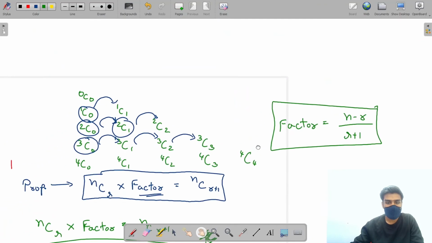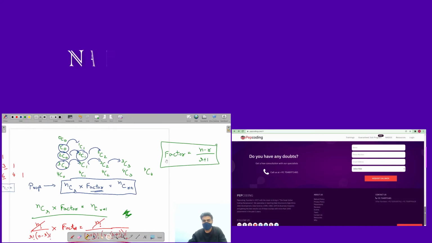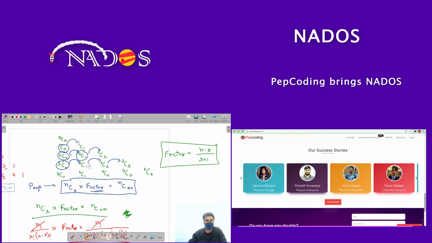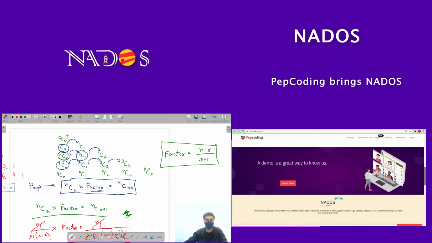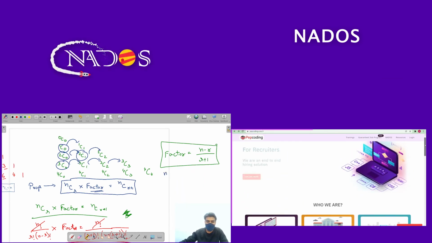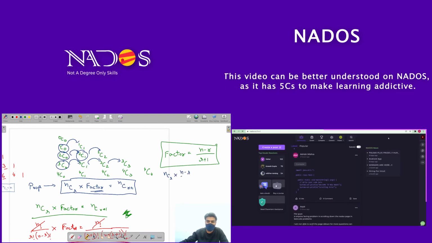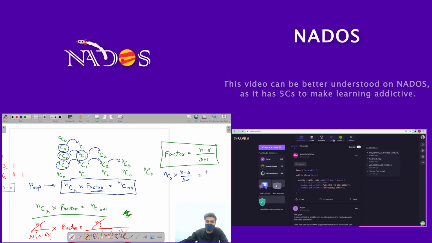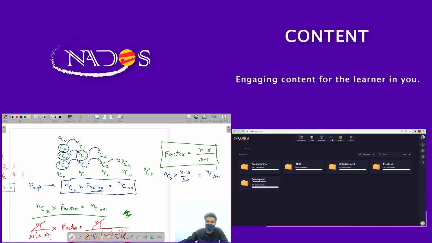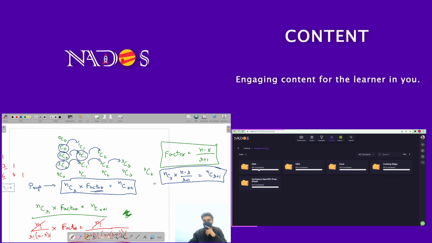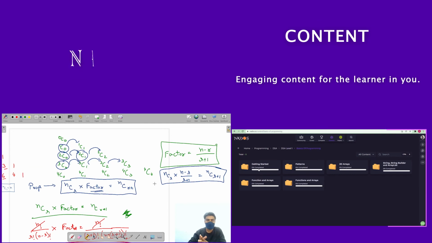If I have this factor inside this pattern, we have nCr, and we can multiply it by n minus r upon r plus 1, and we get the value of nCr plus 1. So it will help us in getting the further values. I hope you understood this till now. So we will now code it and then see if it works or not.